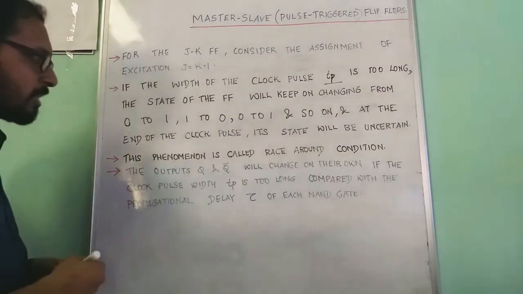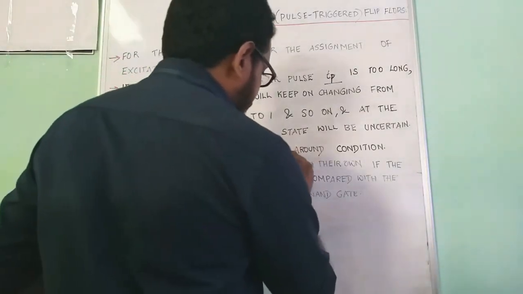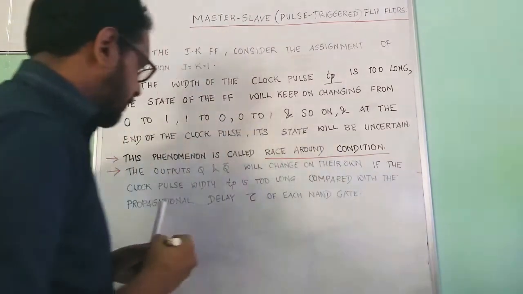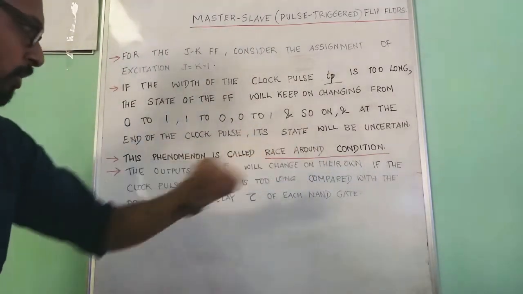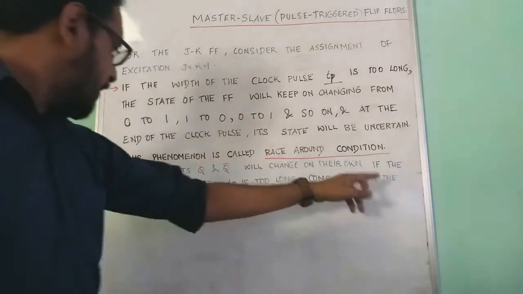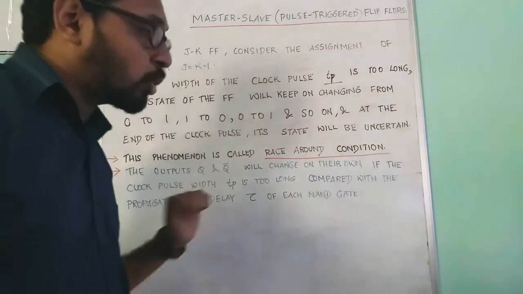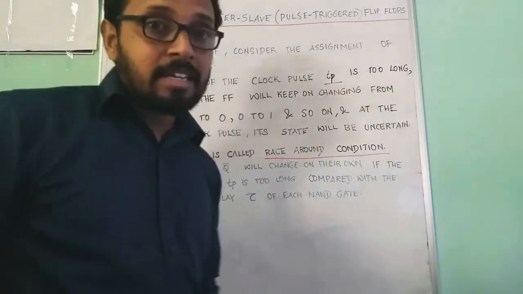This phenomenon is called the race around condition. The outputs Q and Q bar will change on their own if the clock pulse width Tp is too long compared with the propagation delay tau of each NAND gate.